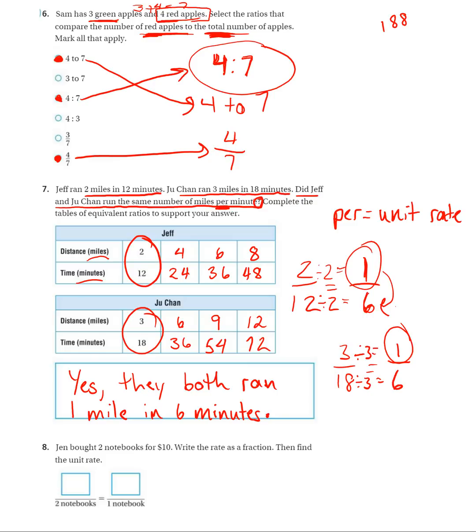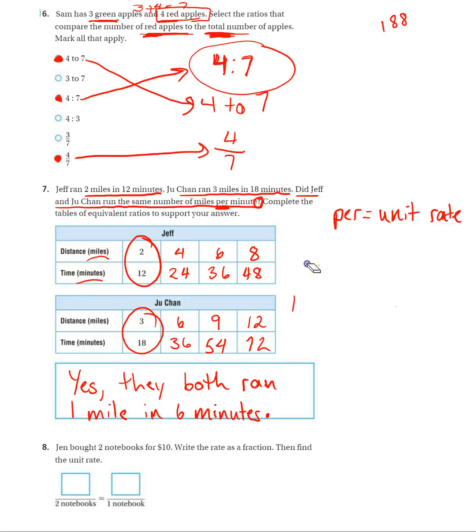Okay. So, we can also solve this. Let me show you one other way real quick, because again, tomorrow you're going to get different numbers. So you may forget this tomorrow, but we've also done this. Now notice down here, I don't even have to continue it out. Look right here. They both went 6 miles in 36 minutes.